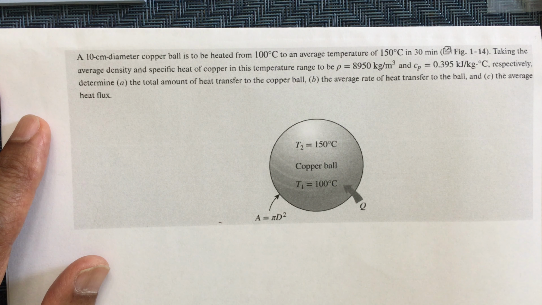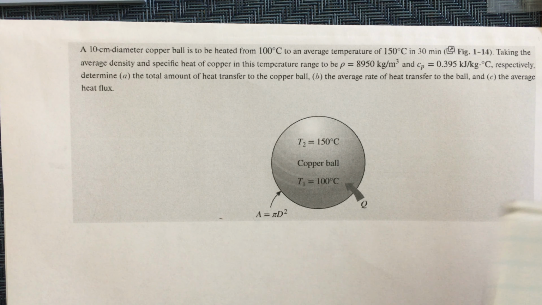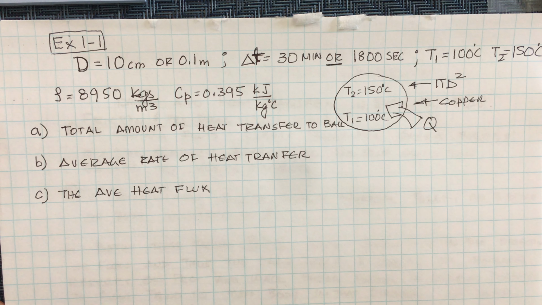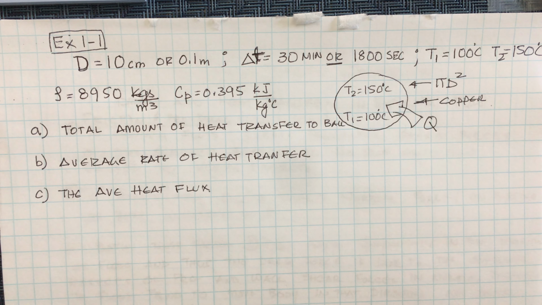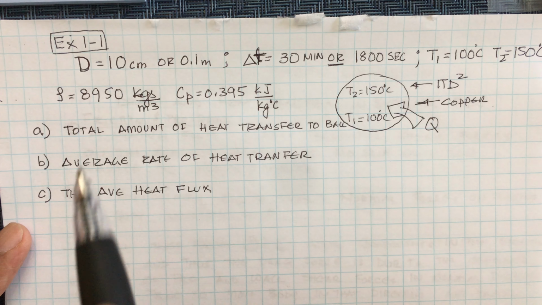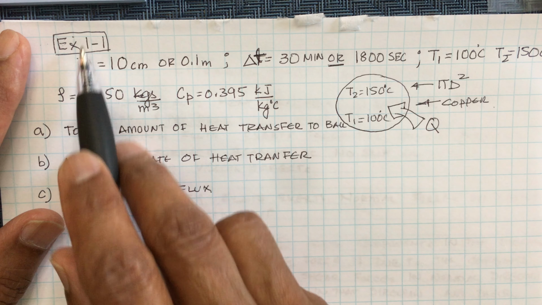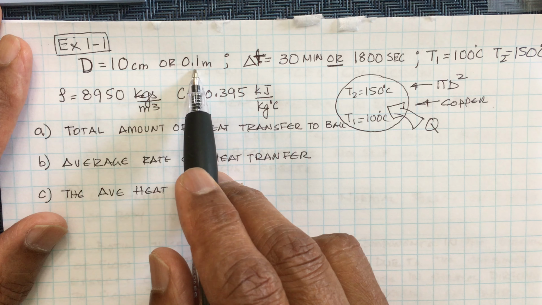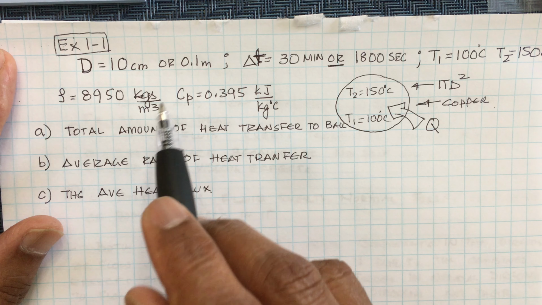We'll go into the details. So what I have done is slide a paper so that you have all the relevant information captured here. I put down the problem number first. Diameter of the ball is 10 centimeters, which is equal to 0.1 meters, because our units have to be in meters.